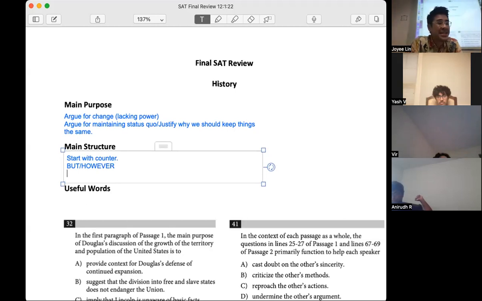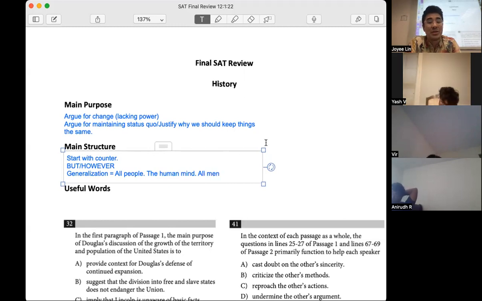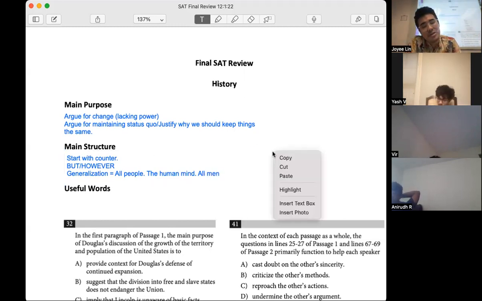They use generalizations. What's an example of a generalization? Stereotypes, right? All people do this. All men do this, right? All people, the human mind, all men, right? So they use generalizations. What else do they use?